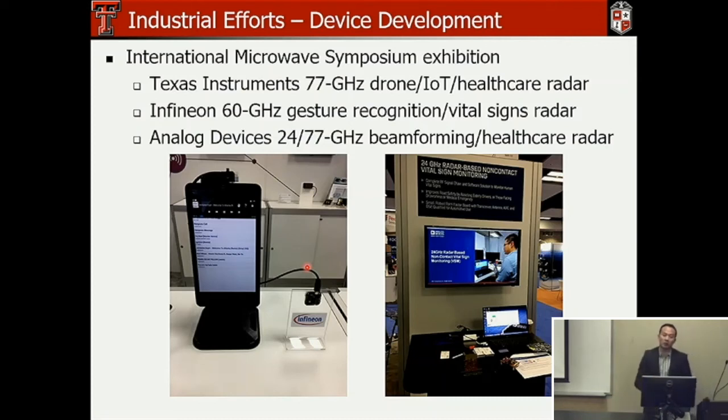And most people can master that within 1 minute. Analog Devices had their 24 and 77 gigahertz radar demonstrated for autonomous driving application as well as healthcare application. Shown on the lower right-hand side is their demonstration of 24 gigahertz radar for vital sign detection.